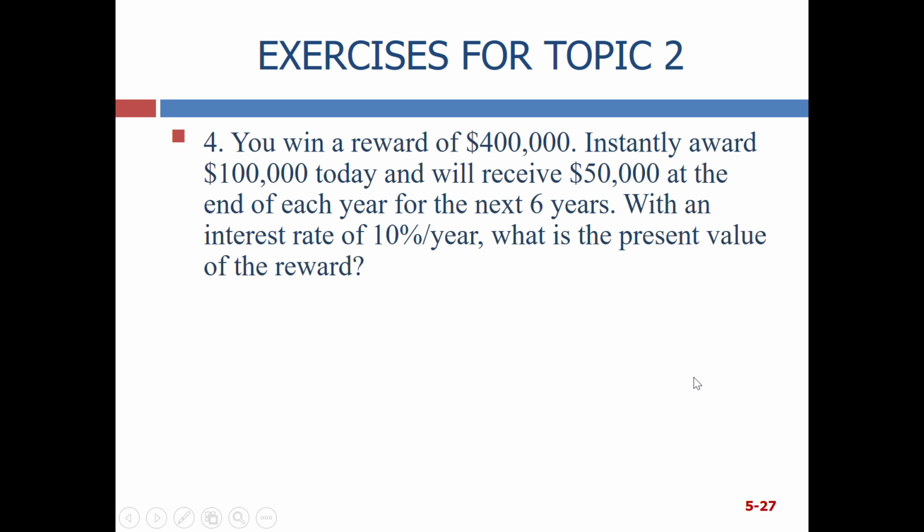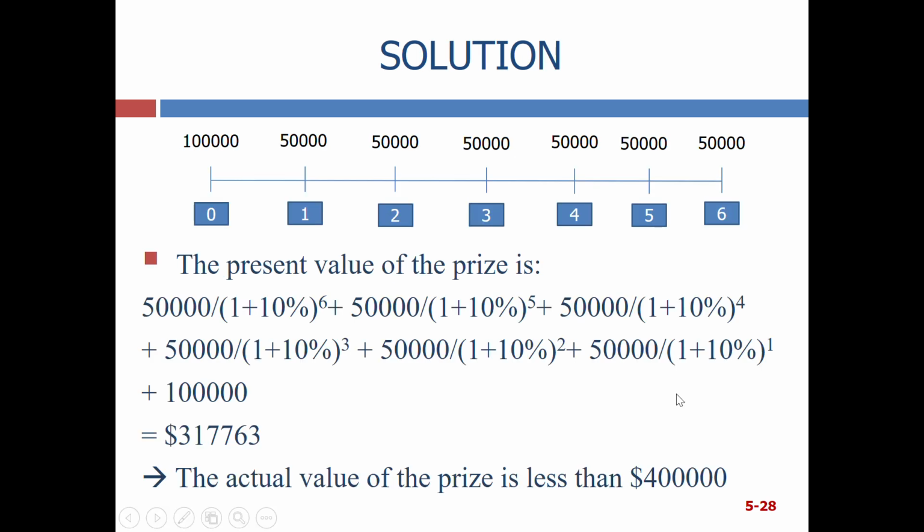Exercise 4 is similar to exercise 3, but we calculate the present value of the cash flows instead of the future value. Here are the cash flows we will receive in the future, including 7 payments, a $100,000 payment today, and 6 payments of $50,000 received in equal amounts over the next 6 years.